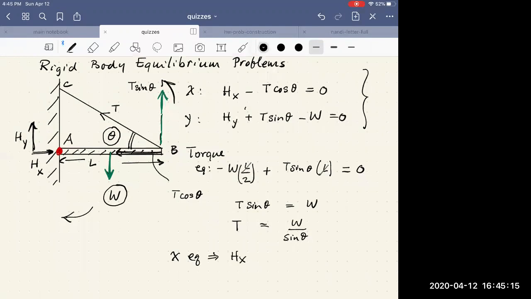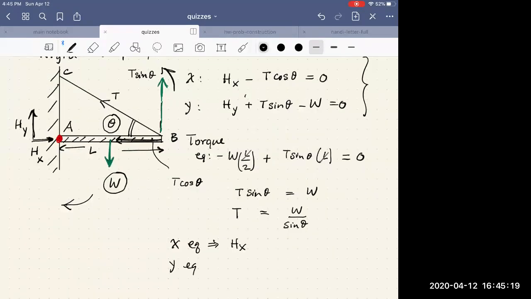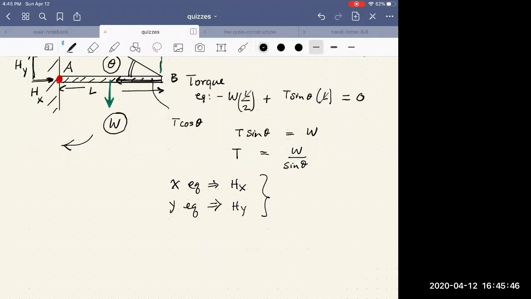And once I find tension T from Y equation, I actually can also find Hy. So as you can see, that just by knowing W and theta, we can get to know the tension T, Hx, and Hy. What I do not need to know in this particular case, in the way I've constructed the problem, is the length of this shelf, which is quite interesting that the length of the shelf doesn't really play a huge role here.